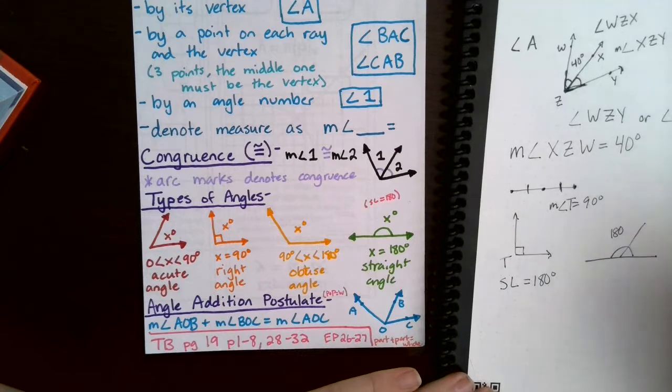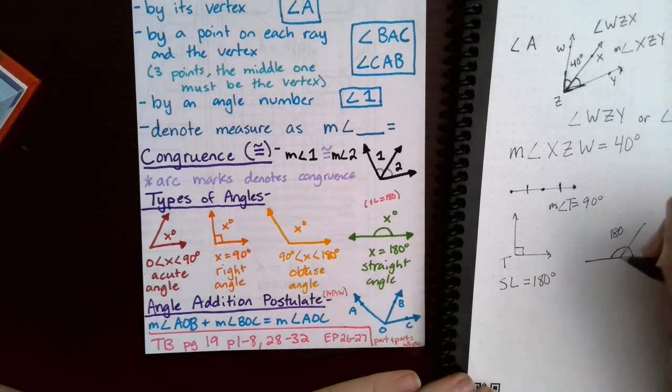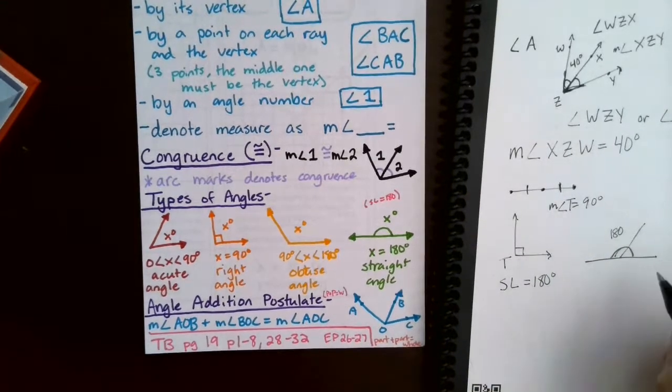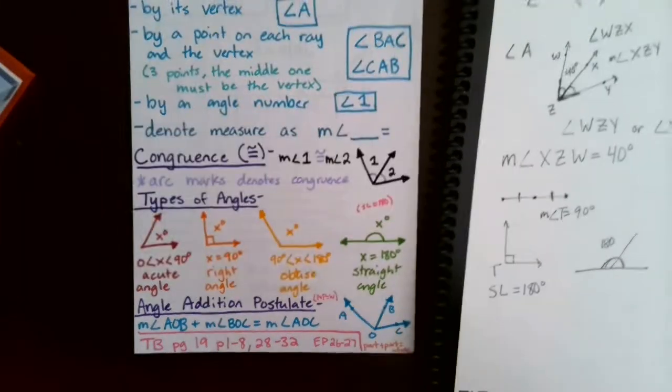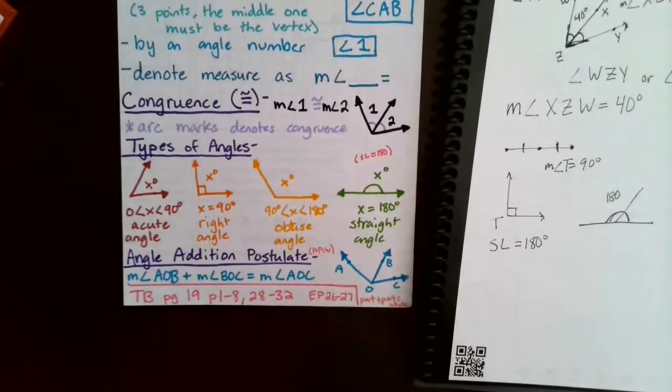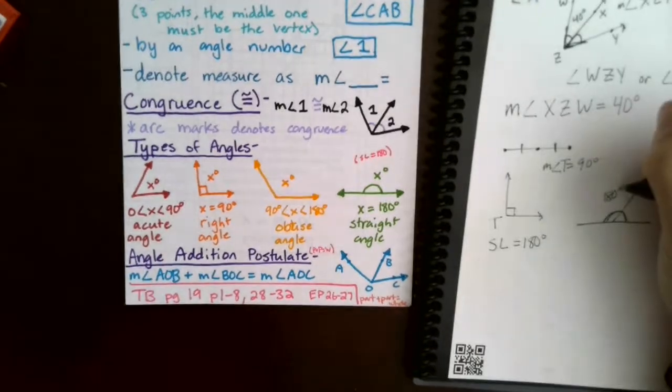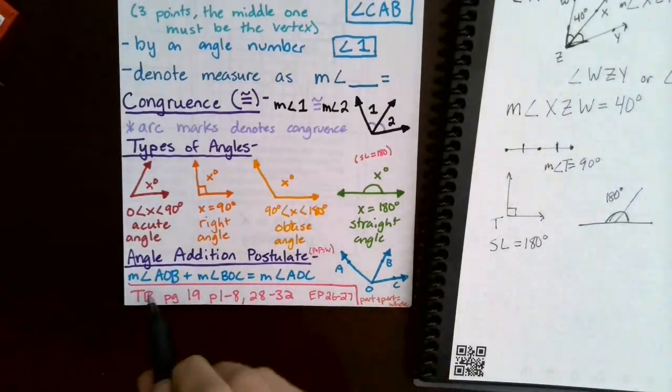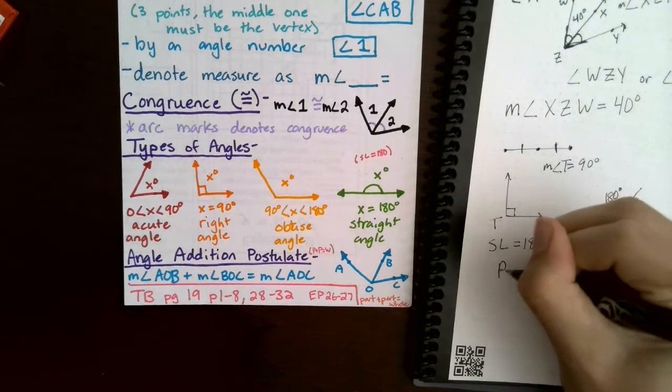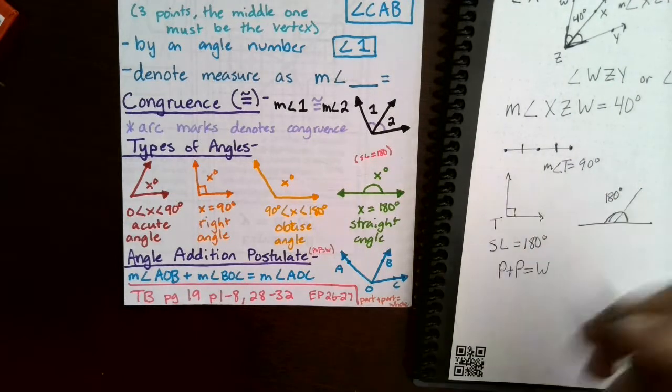So then if I have something cutting this in half, which I'll get to in a moment, I know that all these added together must equal 180 degrees. Which actually gets me to the angle addition postulate, okay? The way that this works is just like the segment addition postulate. We still have part plus part equals whole.